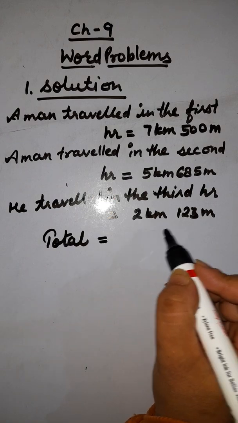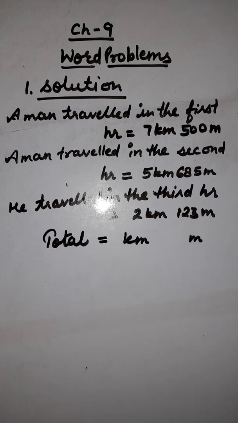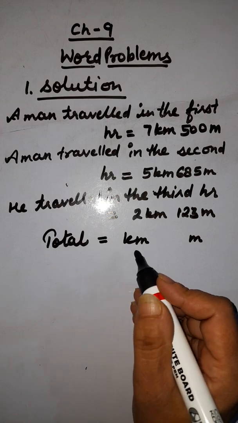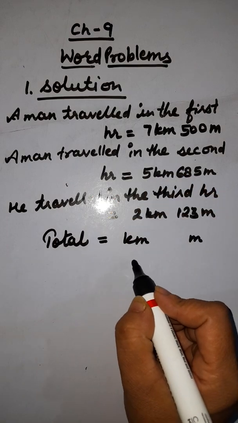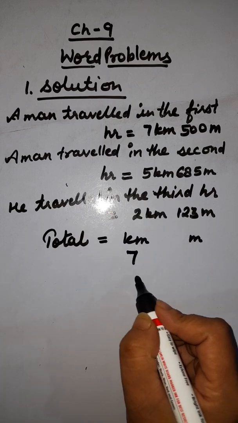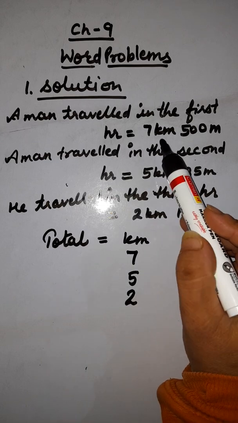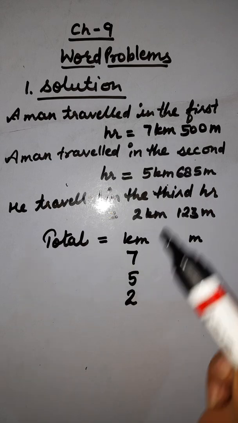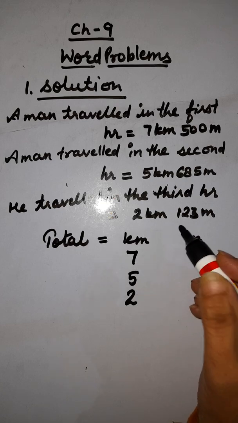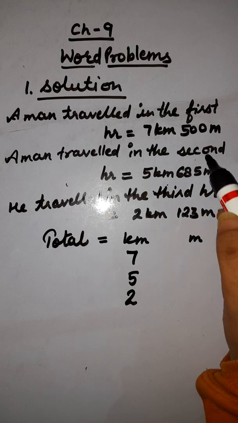So we'll separate the kilometer and meters column. Now we'll put the numbers below the kilometer, that these are 7, 5 and 2. Look at here, 7 kilometer, 5 kilometer and 2 kilometer. So 7, 5, 2. After that we'll put the numbers below the meter.